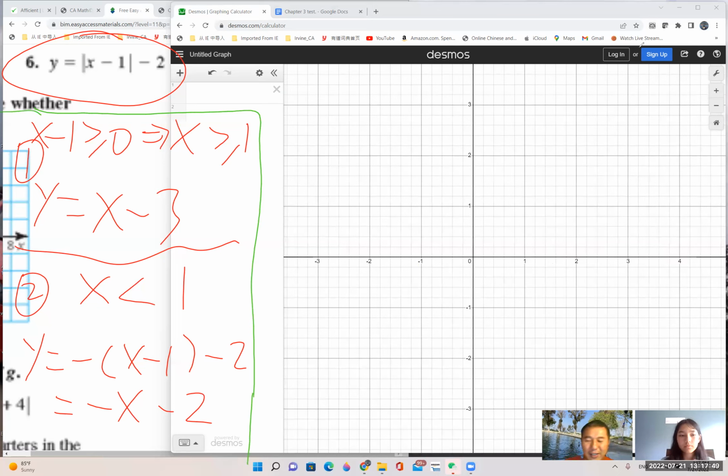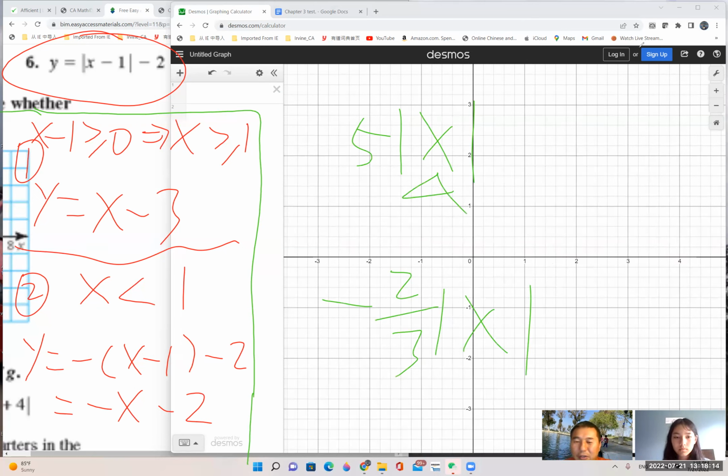Do you have an idea? 0? Yes, if it's the basic one, for example, x or 5x or negative, you are right. It always happens when x equals 0.